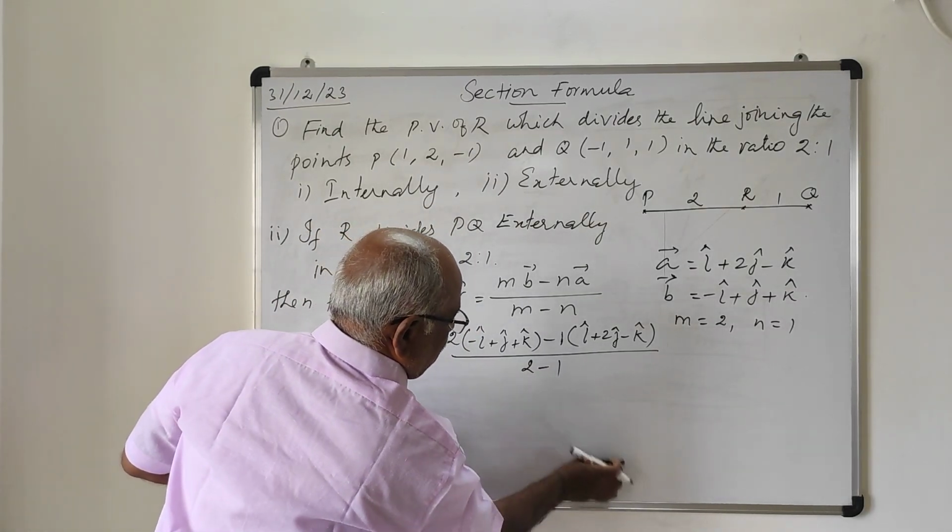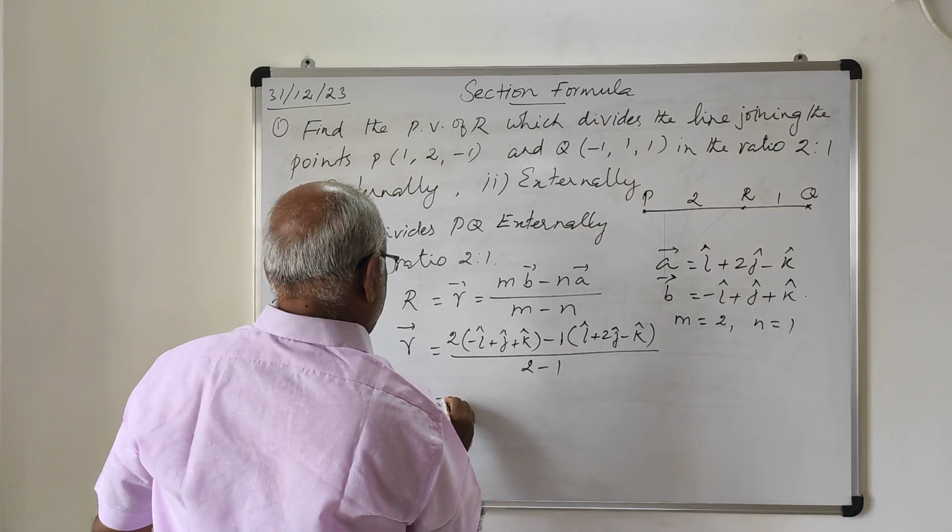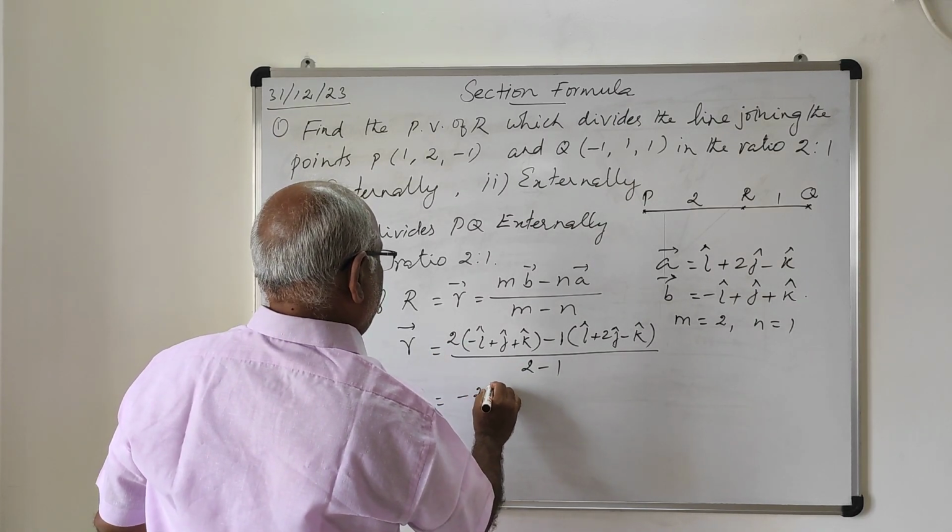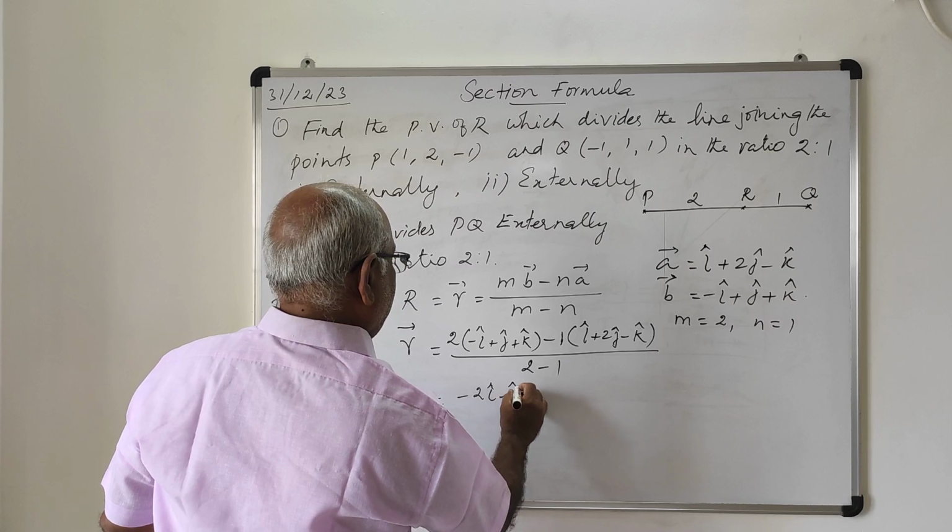Similarly, you get minus 2i, and minus into minus i gives minus 3i.